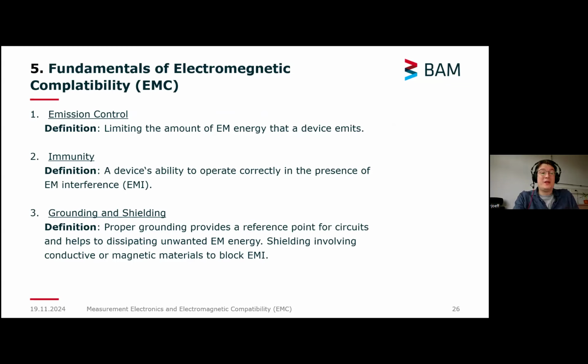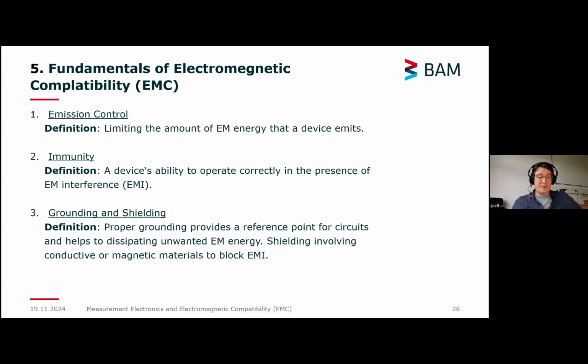And also the opposite of that would be the immunity, and you will try to shield your device, so it doesn't get some coupling effects of high voltages or capacitive coupling. The grounding and shielding is the most important part against those problems.